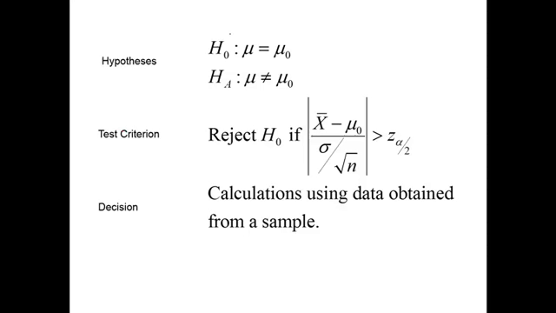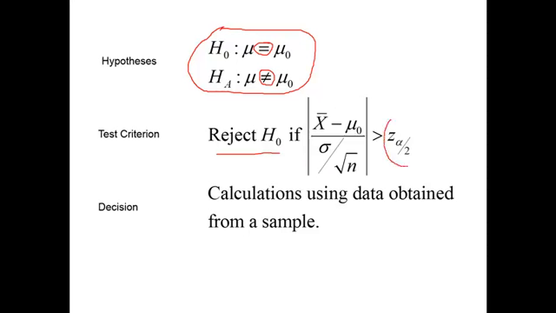Okay, for the two-tailed test, the hypothesis testing of the mean for equality, we have the first part of the test, the hypotheses. Since we're testing for equality, its logical negation is inequality. Our test criterion, which tells you what to do: reject H0 if the absolute value of your test statistic is too big.